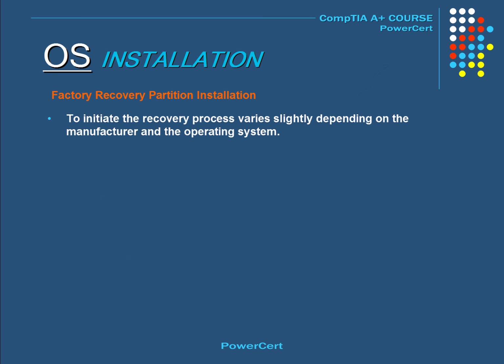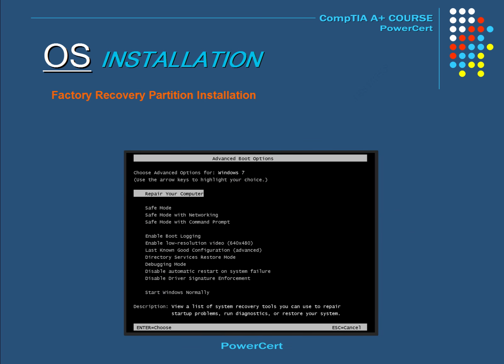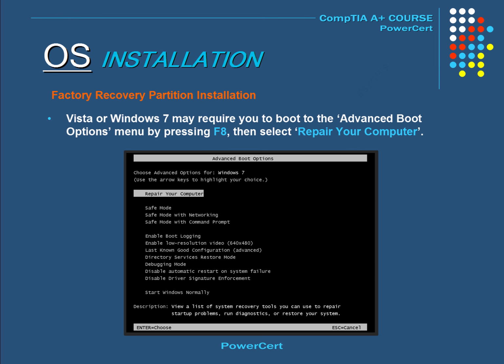Or if you're using Windows Vista or Windows 7, you may have to boot into the Advanced Boot Options menu by pressing the F8 key and then select Repair Your Computer. Like I said, these are just examples. So if you're not sure how to access the recovery partition for your particular computer, you can always consult with the manufacturer user manual to find out.